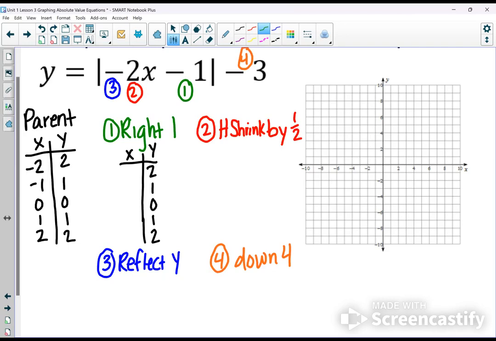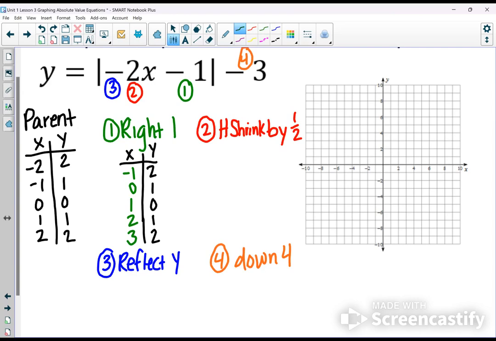To move right, I have to add 1 to the X values. So instead of writing the X column from the parent, I'm going to add 1 to every one of those values and create a new set of X values for the function I'm working with. Now, when I adjust to shrink by 1/2, I'm going to change my new table, the most recent table.